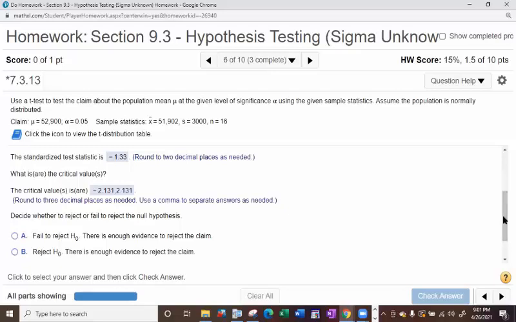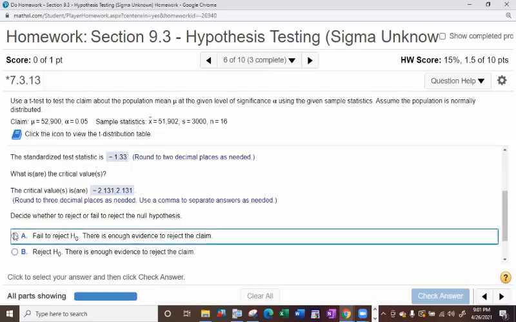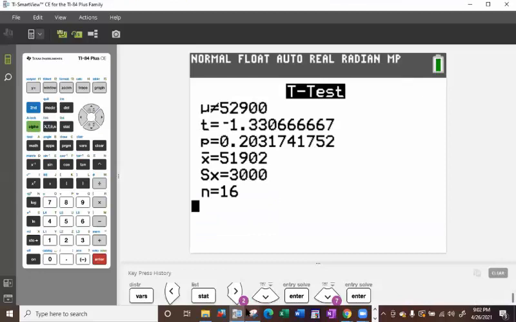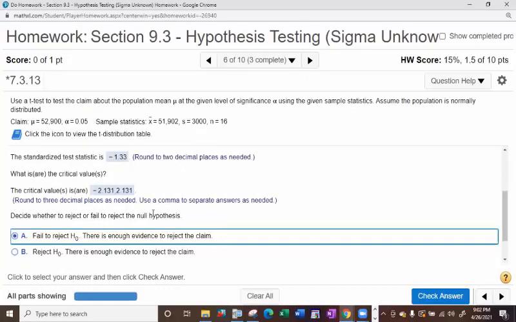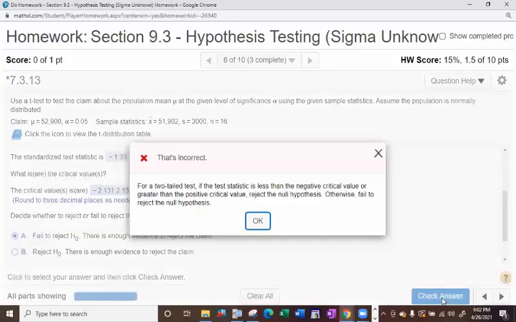So in other words, there's no doubt it's fail to reject. Well, let's look at the p-value. 0.20. 0.20 will be greater than whatever alpha is. 0.05, yeah. 0.20 is greater than 0.05. So like I said, notice these problems aren't asking specifically for the p-value.